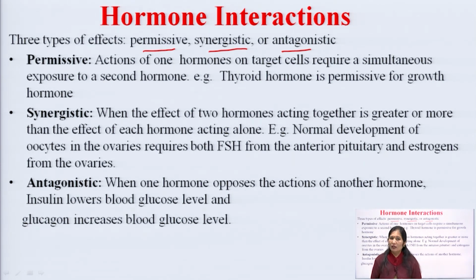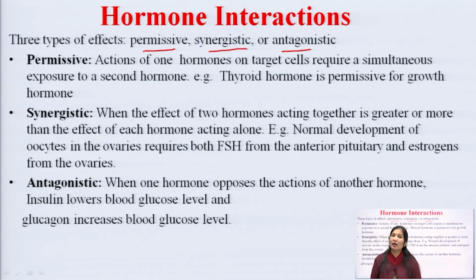For example, for the development of oocytes, FSH from the anterior pituitary and estrogen from the ovary are both required. So, it is synergistic action, when the action of one hormone is not sufficient.